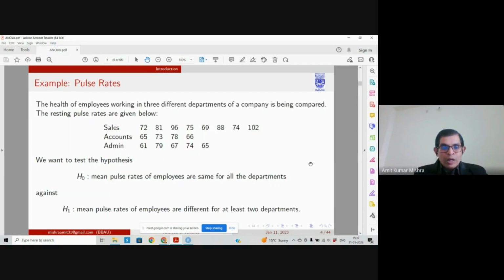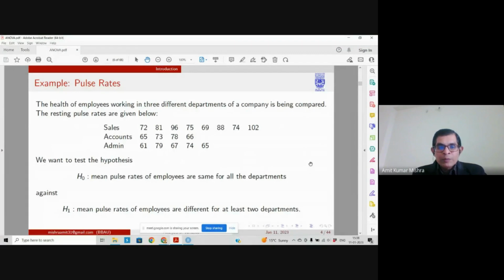I start with a very simple example, the pulse rate example. The health of employees working in three different departments of a company is being compared. The resulting pulse rates are given below. That means we are focusing on pulse rate, and with the help of pulse rates we are deciding about the health of the employees.